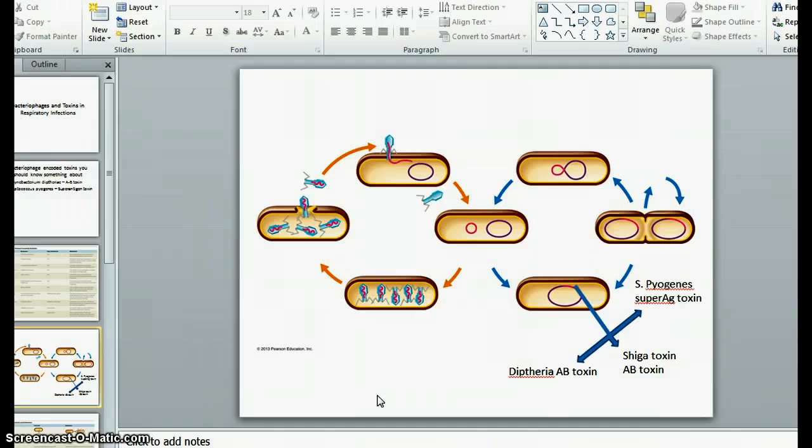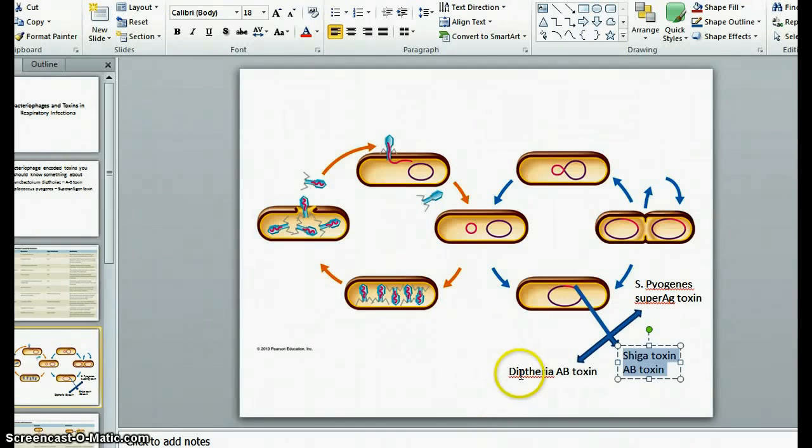Massive, really bad diarrhea. We'll talk about that later. Don't worry about that right now. Just go, wow, that's really cool. It's like this theme that keeps coming up. The Shiga toxin is another bacteriophage encoded toxin, in this case an AB toxin.